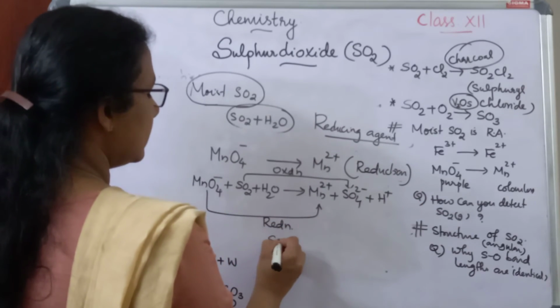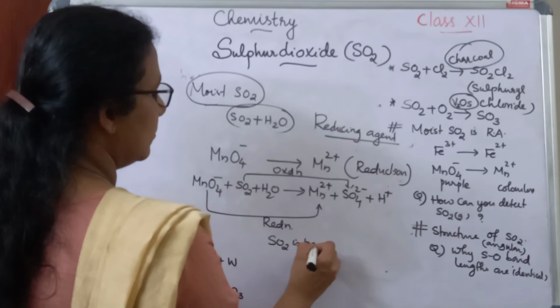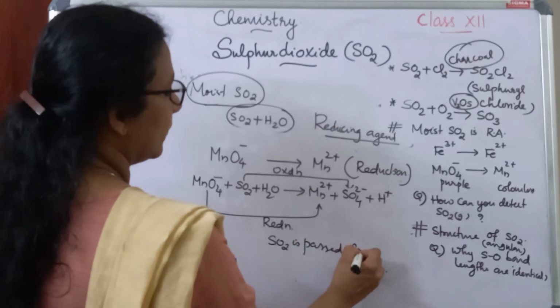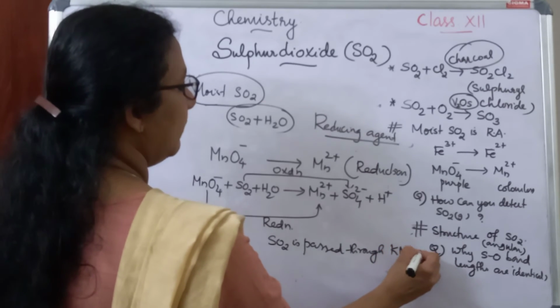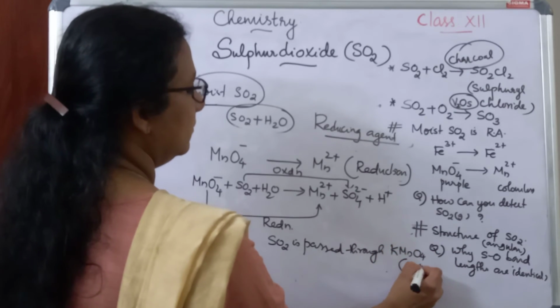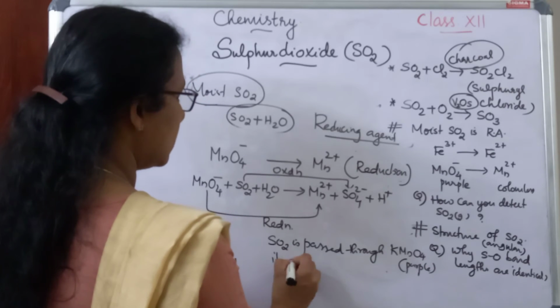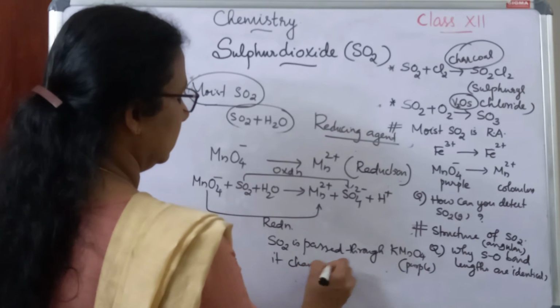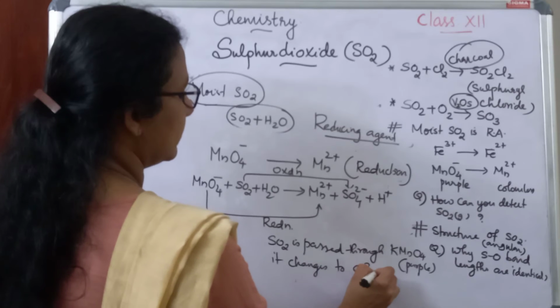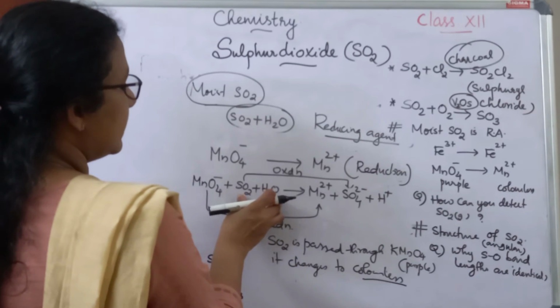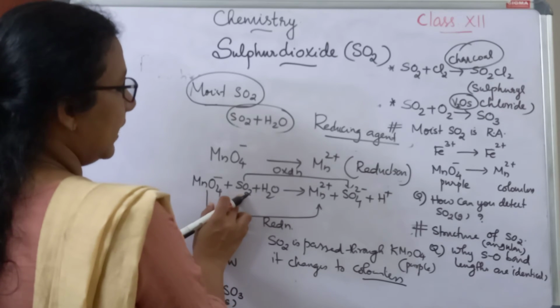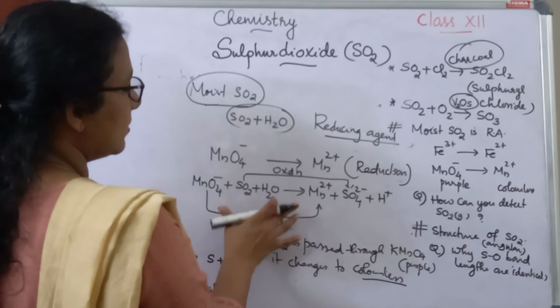When SO2 is passed through KMnO4, which is purple, it changes to a colorless solution. This is due to the presence of SO2, so SO2 can be detected by using this reaction.